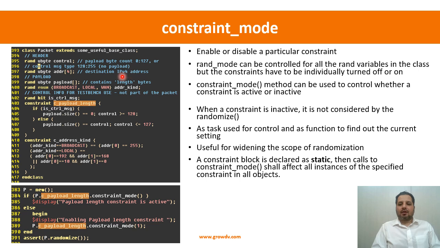It won't get randomized and allocated to some size, because then it can become a huge array, and it could lead to simulator performance issues. So this will remain at 0 if you do not provide the constraint on size. That's just a side point, but I'm calling it out in the context of this particular example.